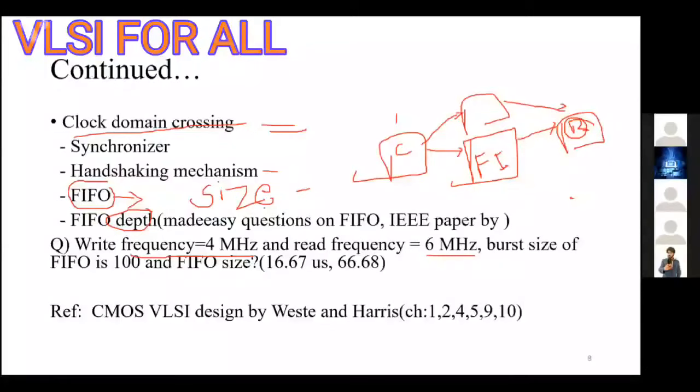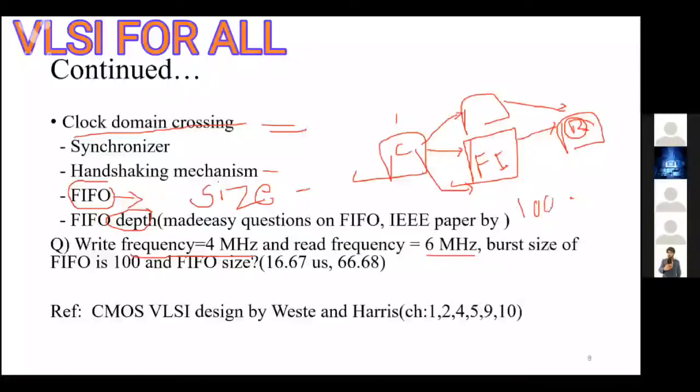Now the FIFO works in bursts. You cannot transmit the data continuously. If you transmit the data continuously, then the FIFO size will become infinite, which is not practically possible. So the data comes in bursts, like it comes in 100, something like that.